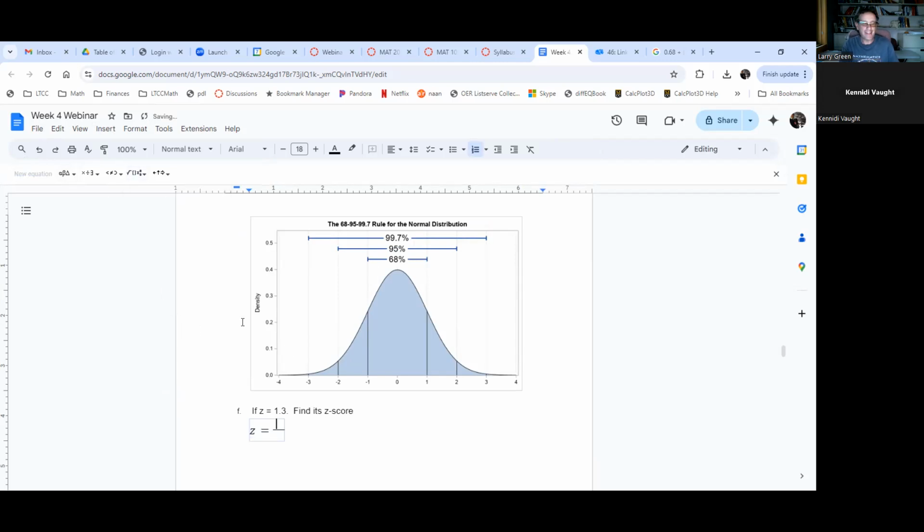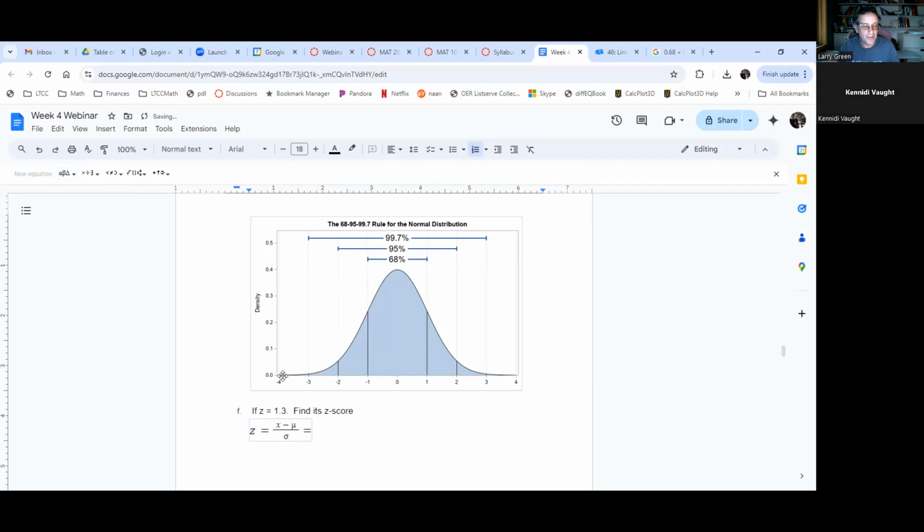There's a fraction, that's a hint. Do you remember it? It's X minus mu divided by sigma. That was the formula for Z score.